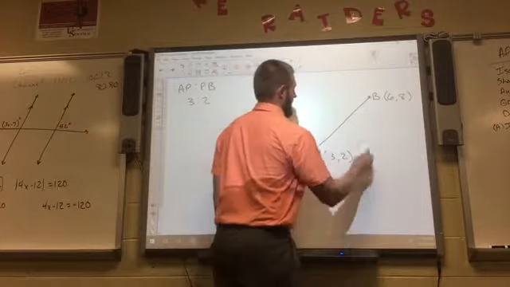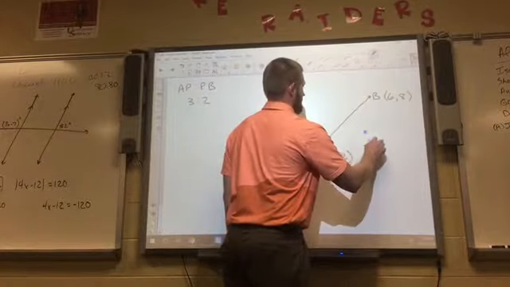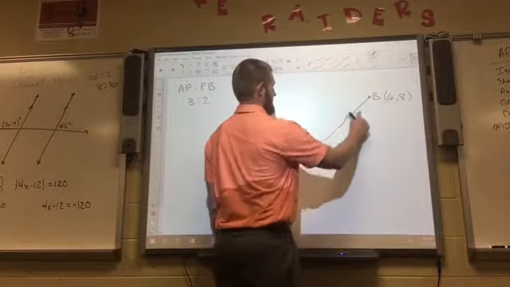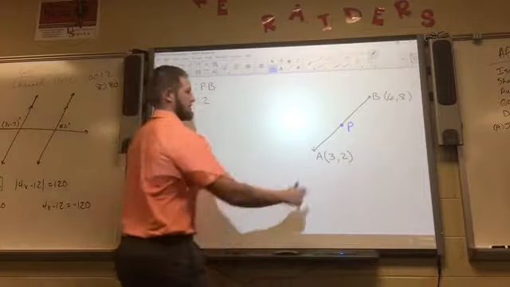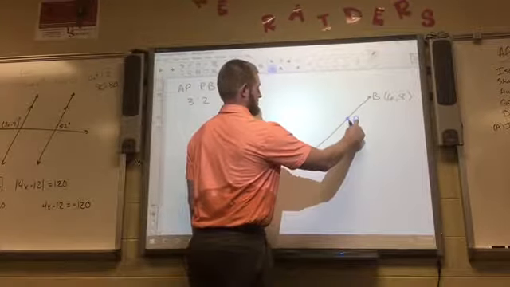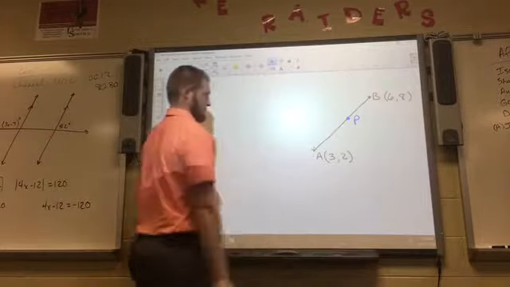So I'm going to add a point P on this line segment somewhere so that AP to PB is 3 to 2.